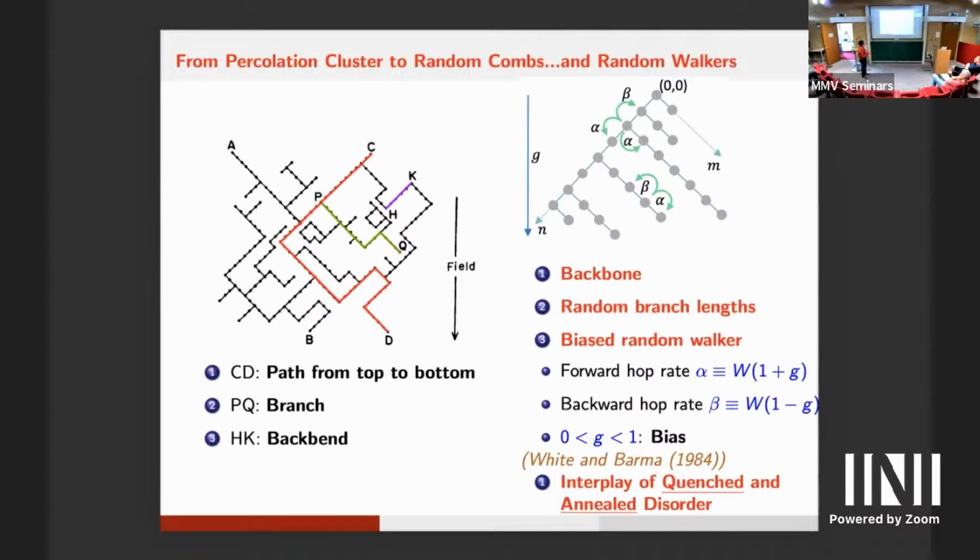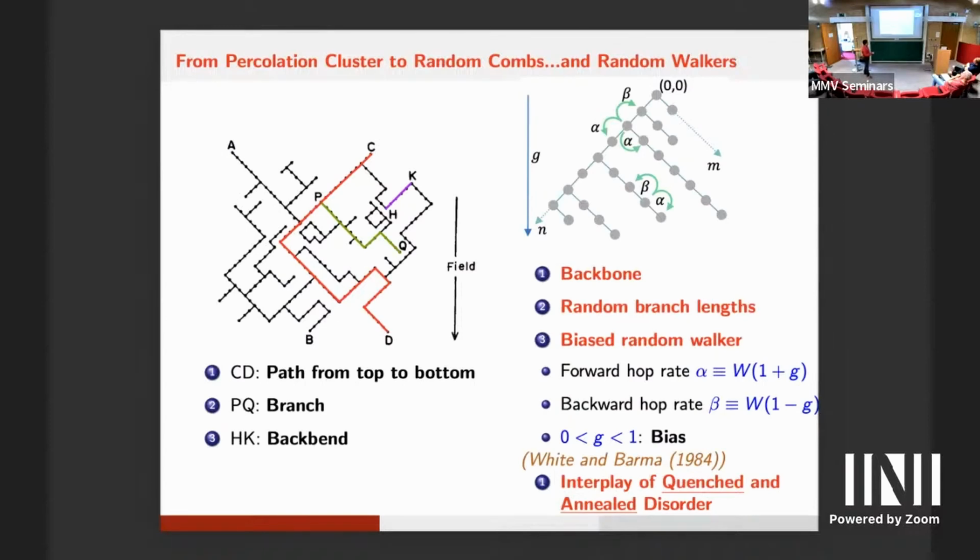Let's say a random walker happens to be on this side. Then with some probability or some hop rate alpha, it tries to move in the forward direction, and it tries to move backward with a different rate beta.